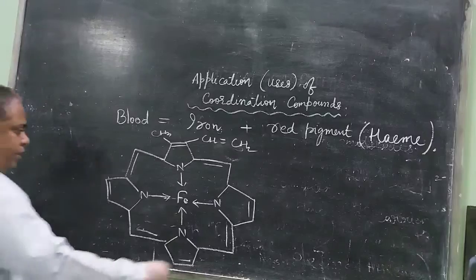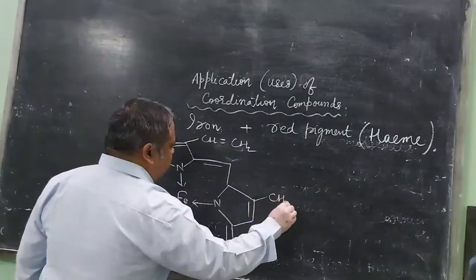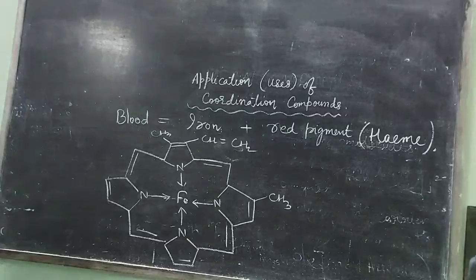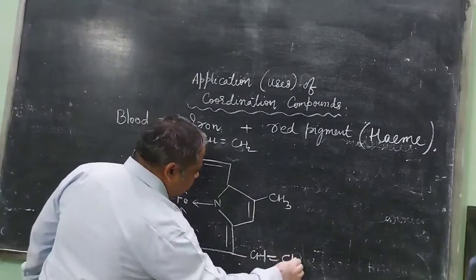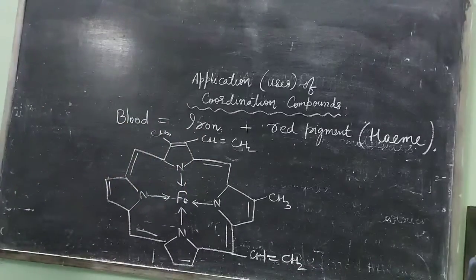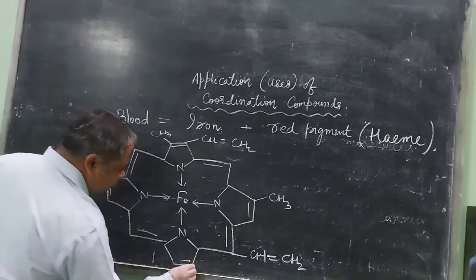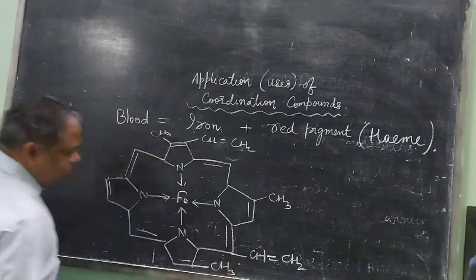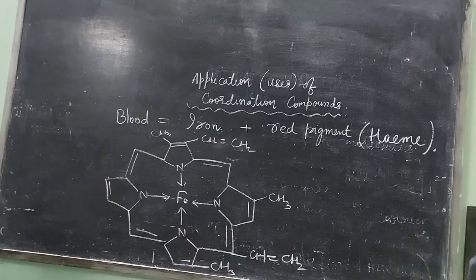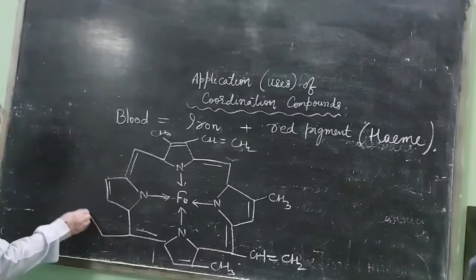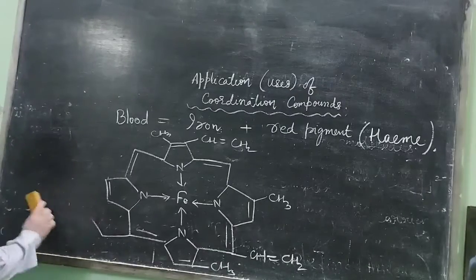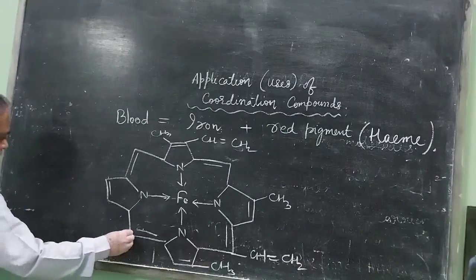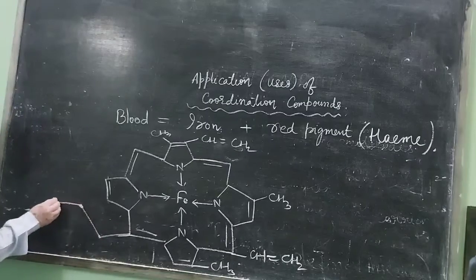Then again one methyl group here, one ethene group here, one methyl group here again, one carboxylic acid, one carbon, two carbon, and here.